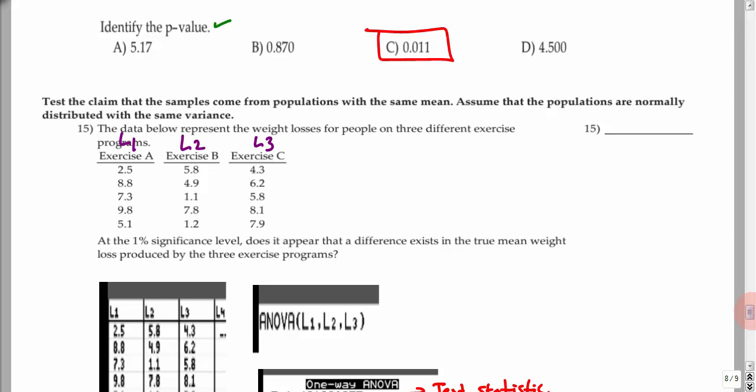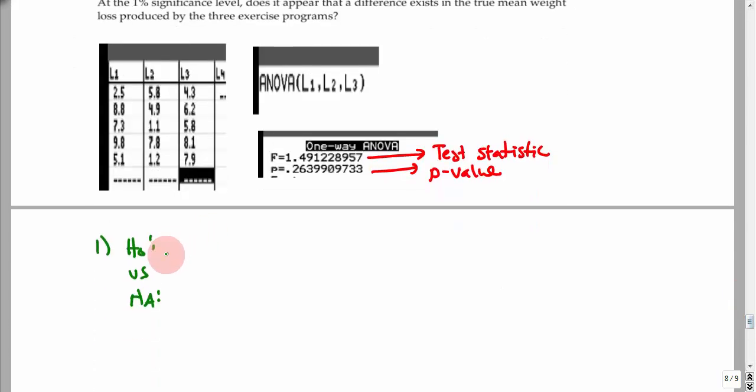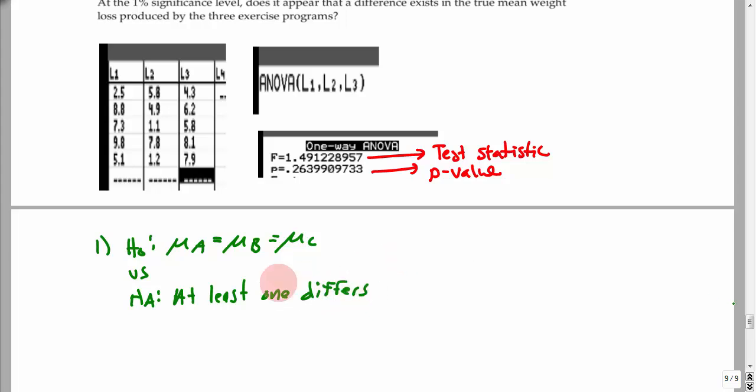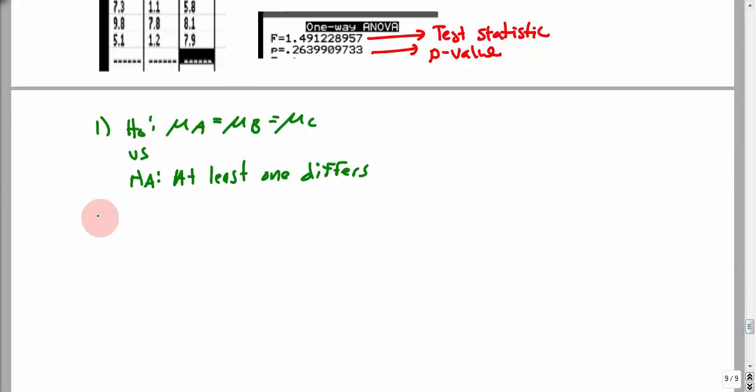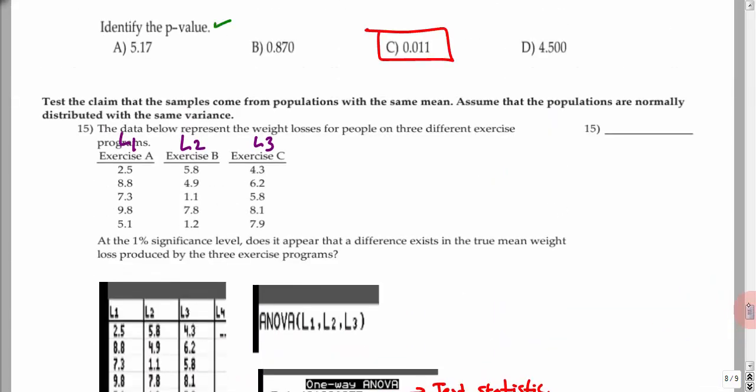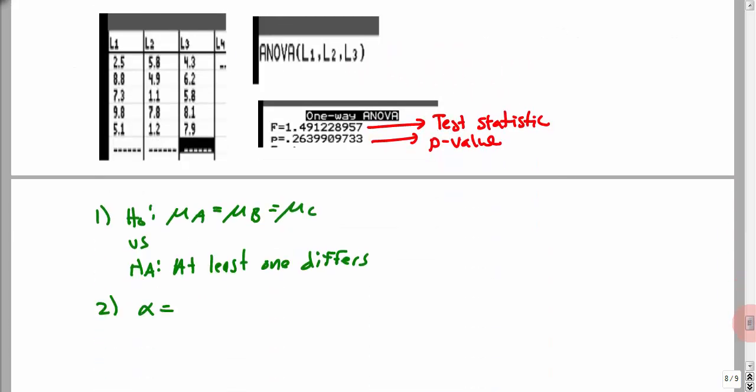So I have exercise program A, B, and C. So I'm saying mu A equals mu B equals mu C. My alternative hypothesis would be at least one differs. So 1 could differ, 2 could differ. It's not saying which one, it's just saying at least one. My level of significance was given up here as well. It is right here at the 1% level of significance.